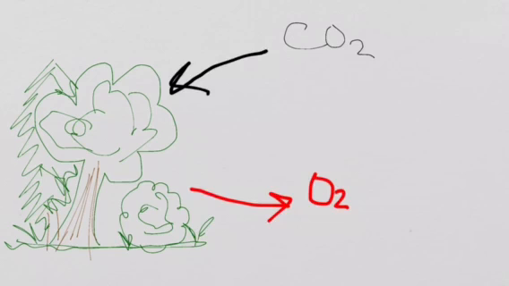Okay? Now, that oxygen ends up going into, we're following the arrows, all the different organisms that are on the planet. So we'll draw them in purple.